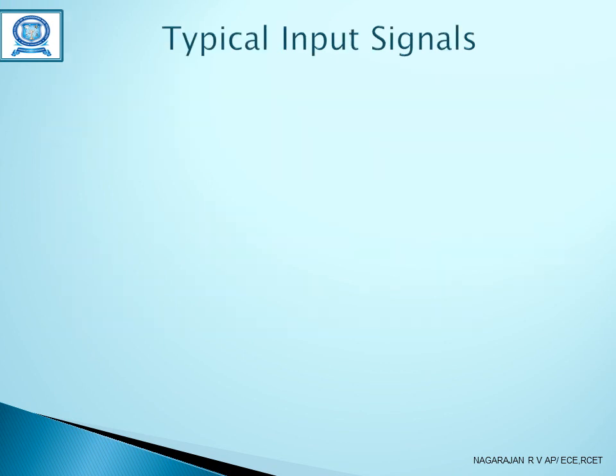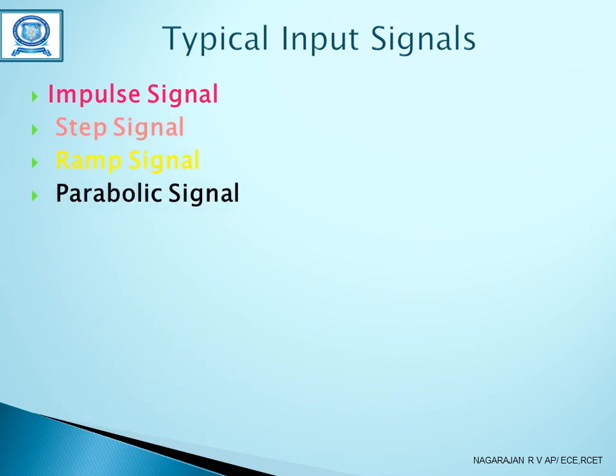And we will see about the typical input signals. The knowledge of the input signal is required to predict the response of the system. We need to predict the response of the system, so we need some standard test signals. The standard test signals are, first, the impulse signal; second, the step signal; third, the ramp signal; and fourth, the parabolic signal.